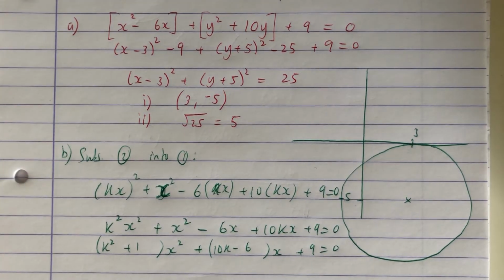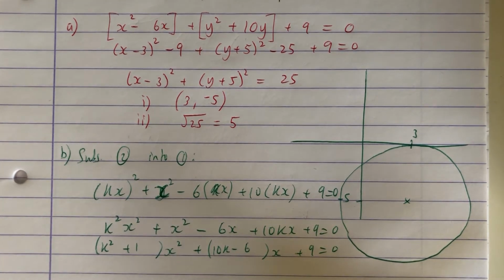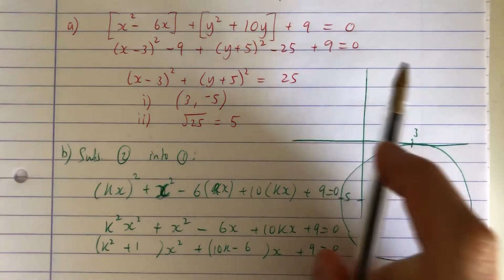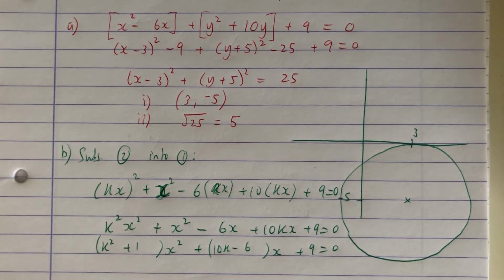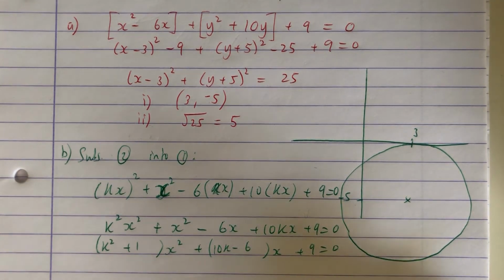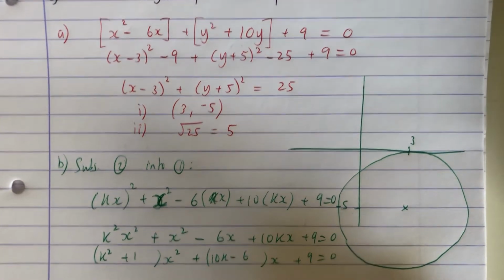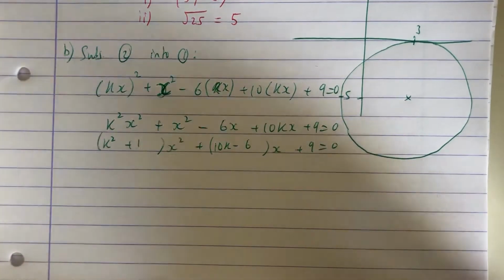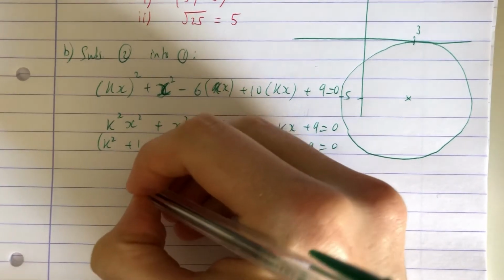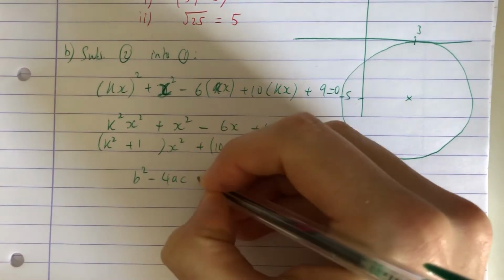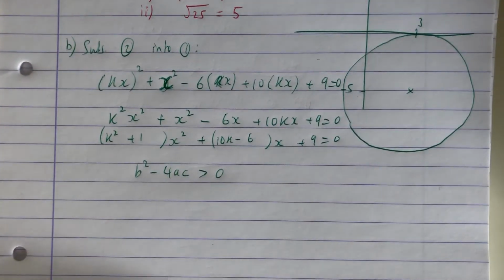And remember, this quadratic, with these weird coefficients, needs to have 2 solutions, because it needs to intersect at 2 different points. And when you talk about the number of solutions, the first thing that should come into your head is maybe I need to use the discriminant. So the discriminant, b squared minus 4ac, needs to be greater than 0.